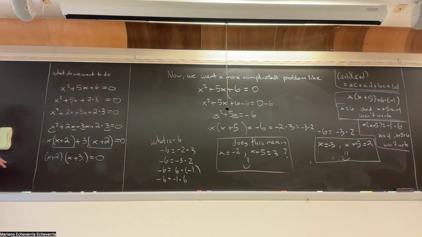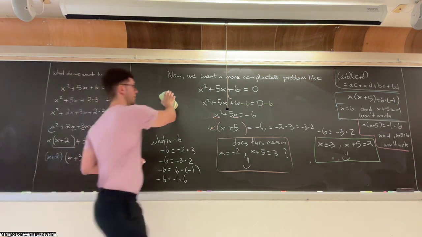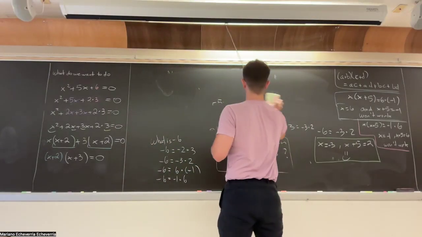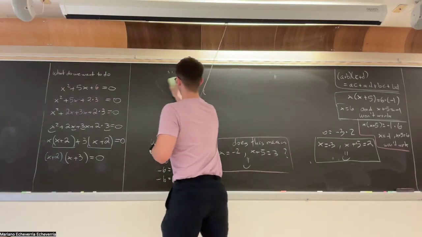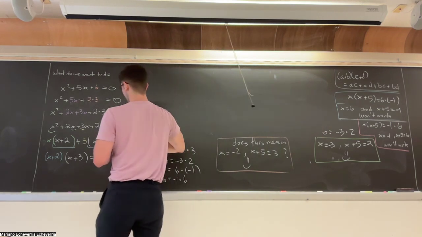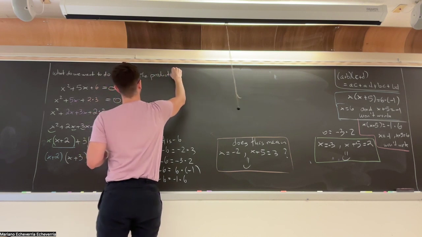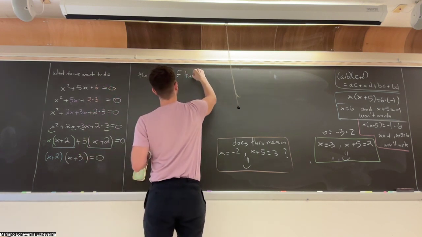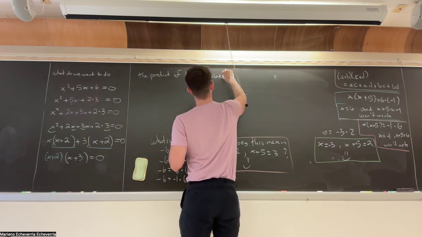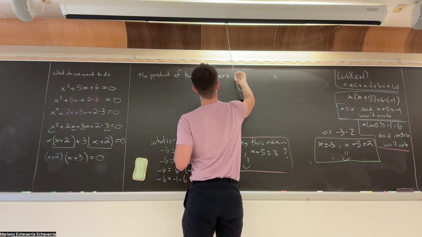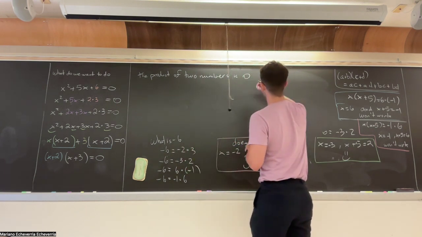And now the cool thing once you get to this point is that you have the product of two numbers being equal to 0. The product of two numbers can only be 0 when at least one of the numbers is 0.